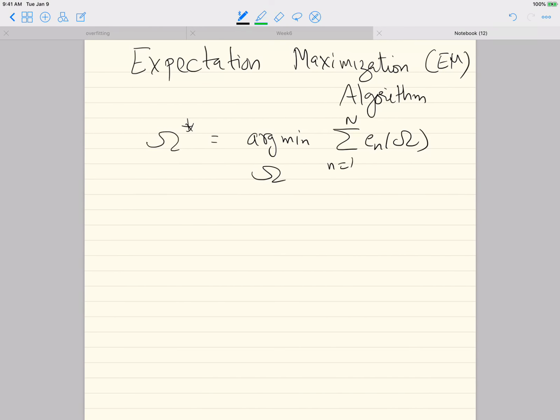So to do that, we will define auxiliary variables, just like we did in the k-means thing.